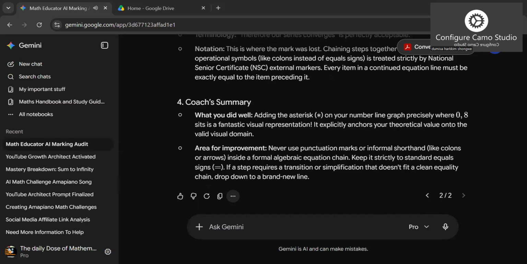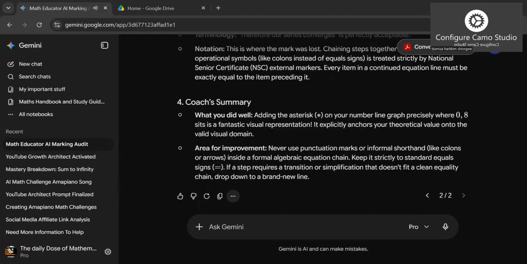By writing a colon here, you are stating that 24 over 30 is being divided by or compared as a ratio to 4 over 5, which completely breaks down the logical chain of equality. Socratic question: if an examiner reads that line strictly as written, it simplifies arithmetic-wise to 24 over 30 divided by 4 over 5, which equals 1. How can we fix this notation to ensure every single expression across that line remains perfectly equivalent?